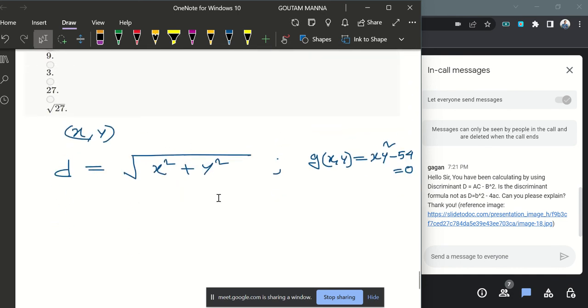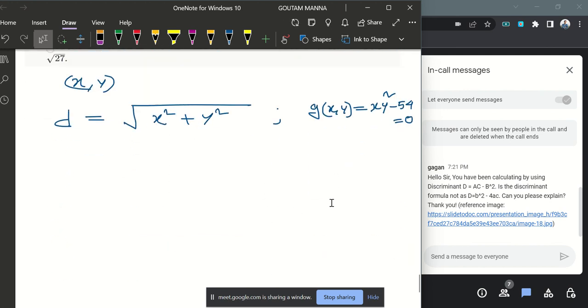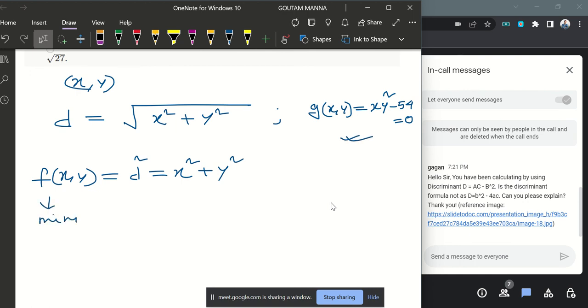If you look at this expression for the distance, there is a root here. So now define f(x, y) as d² = x² + y², and g(x, y) like this.